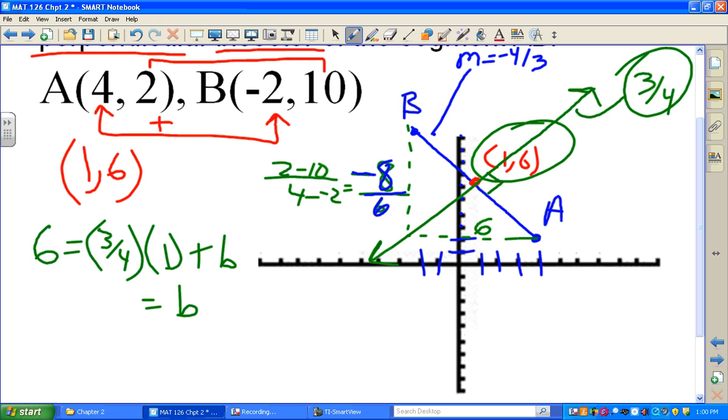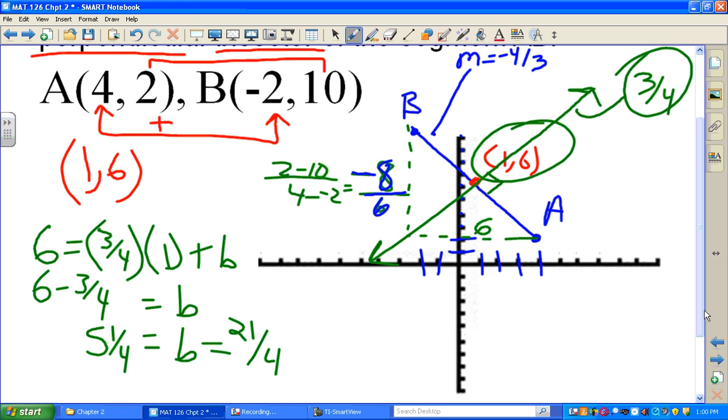So b equals 6 minus 3/4. B equals 5 and 1/4, right? Or the mixed number, or the improper fraction, 21/4. Yeah. Seems to work all right.